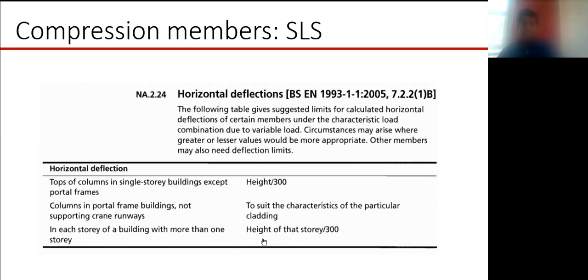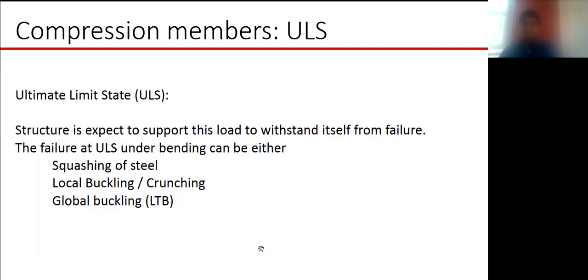Those are the service limit state requirements given in the UK national annex. Similarly, when we have our own national annex, there may be stipulations on these requirements. At the moment, we can use this as guidance for our service limit state requirements.